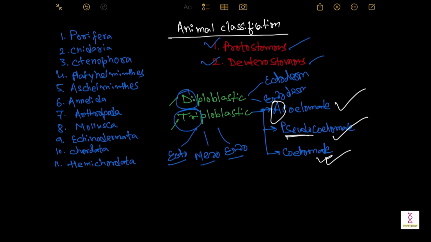We have to read especially the identifying characters and the examples of each phylum. Within examples we have to read the common names as well as the scientific names. That is very important. Now come to the first phylum, that is Porifera.